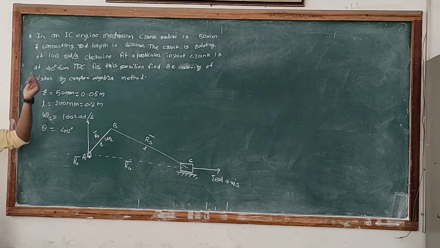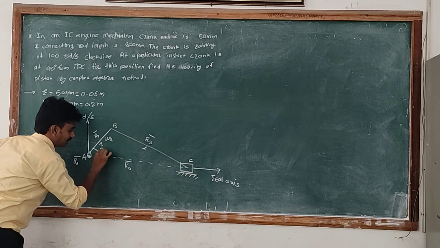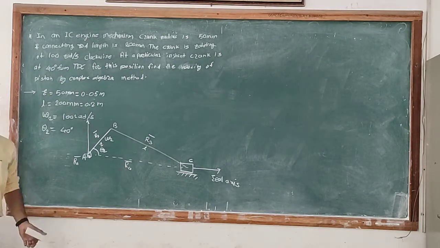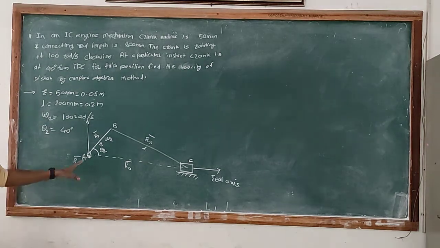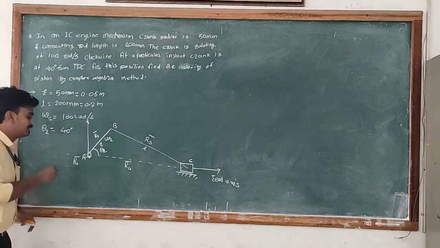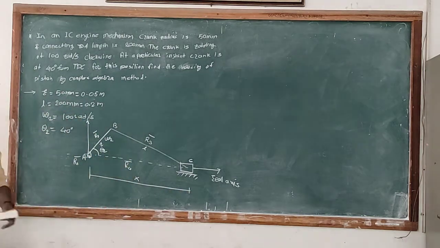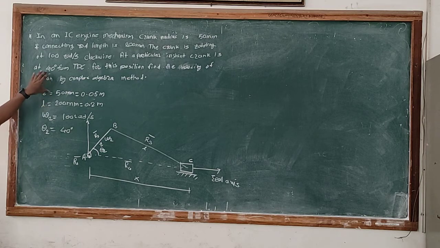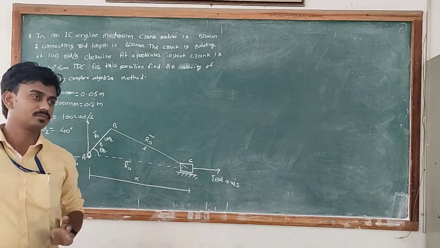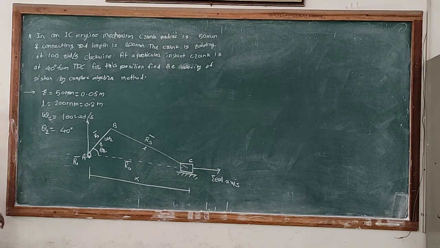They have given theta as 40 degrees, so we mark this angle as theta 2, equal to 40 degrees. Now we consider the distance AC as x at this particular instant, when the angle is 40 degrees. They ask us to find the velocity of the piston.